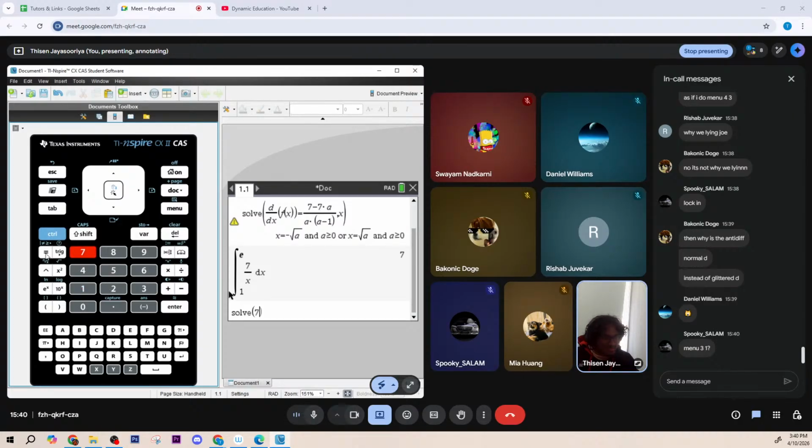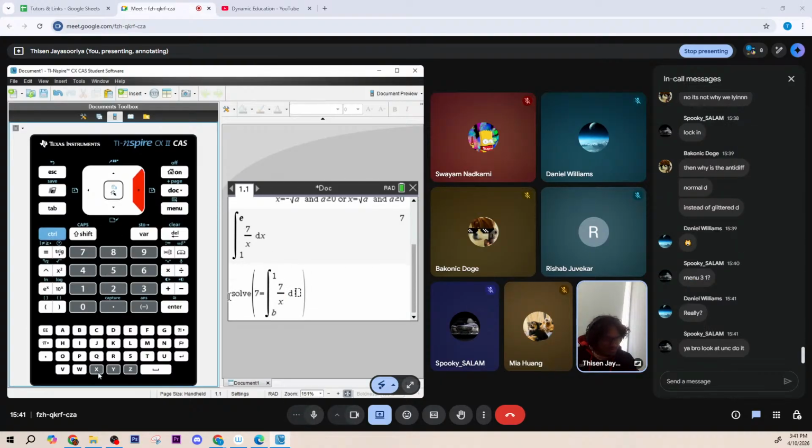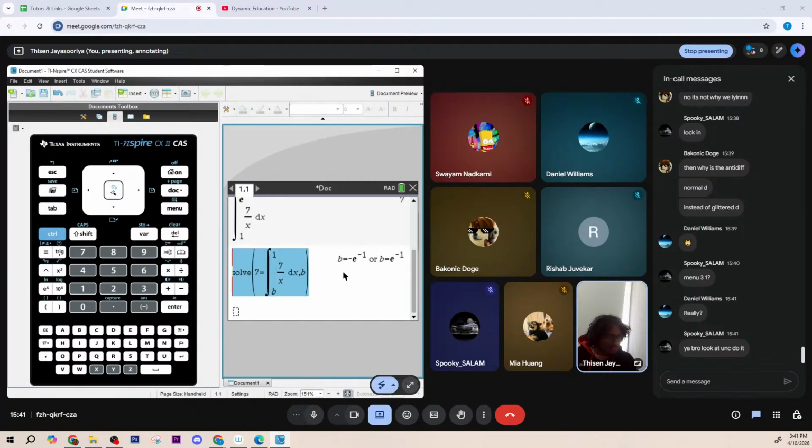Here we type in 7 equals the integral that we want, from b to 1 of 7 over x dx, comma, comma b. We can literally type this exact phrase in. And because we want the positive solution, it's just going to be b equals e to the power of -1. Does that make sense to everyone?